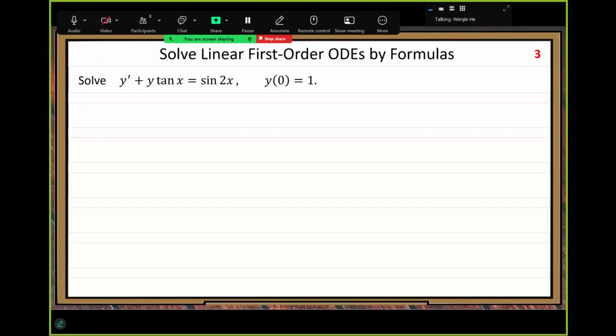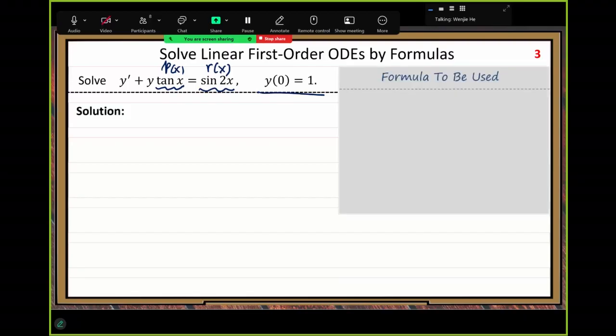So you compare with our standard form, the P function and R function. But you have an initial value, so you can determine that C constant using this initial condition.